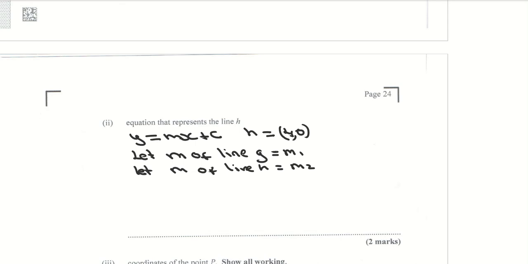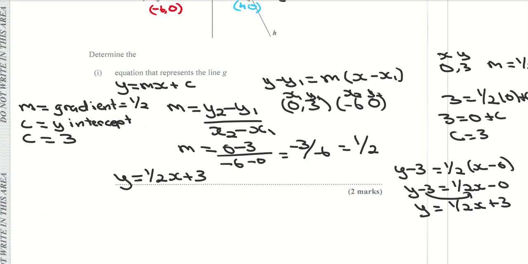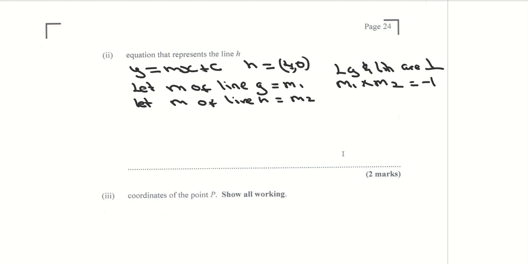So I can say m1 multiplied by m2 is equals to -1. Why? Because line G and line H are perpendicular. We know that the gradient of line G, which is above here, is a half.